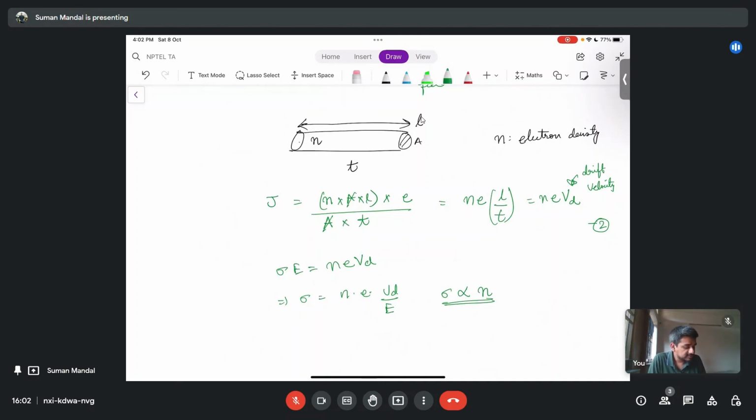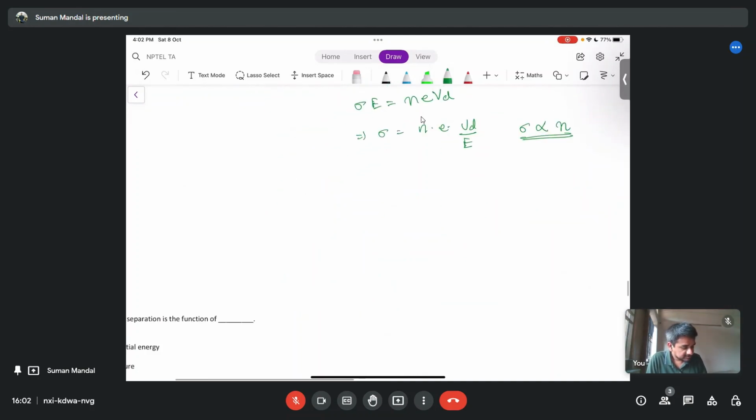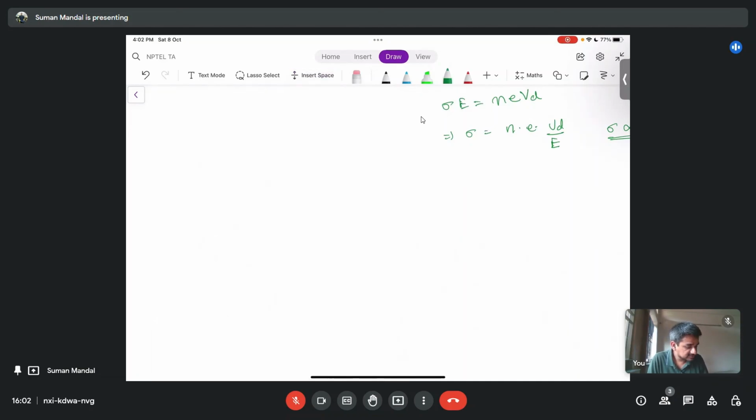Now, what kind of electrons are these? Again, we had just a few classes ago a potential versus position diagram of electrons in a system. It will look something like this.